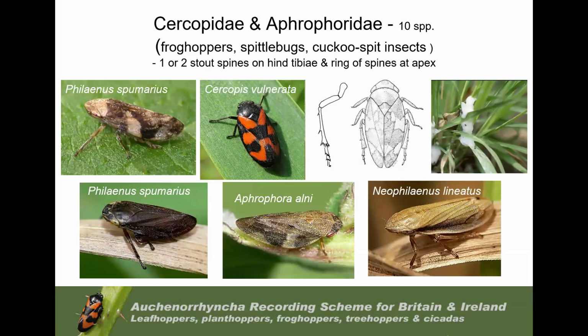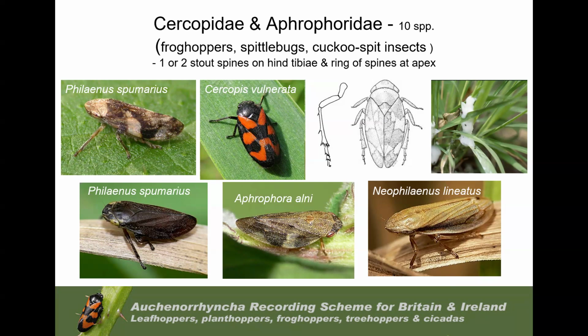So starting off with one of those families then, the Cercopidae and the Aphrophoridae. These are what we tend in Britain to call the froghoppers, what the Americans like to call spittlebugs, and some people would probably refer to as cuckoo spit insects by virtue of the fact that it's the nymphs, the immature stages, that produce the so-called cuckoo spit that you see quite frequently in the springtime, from April, May and June time.